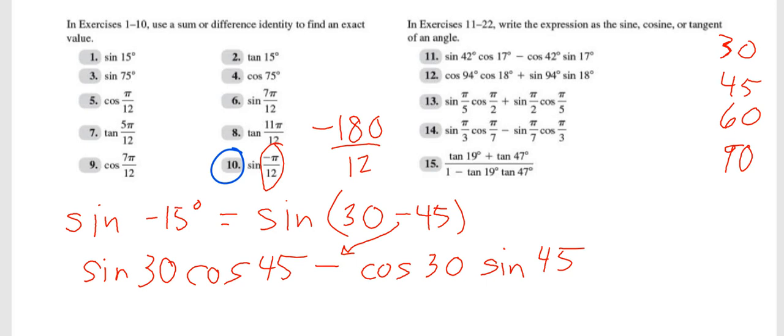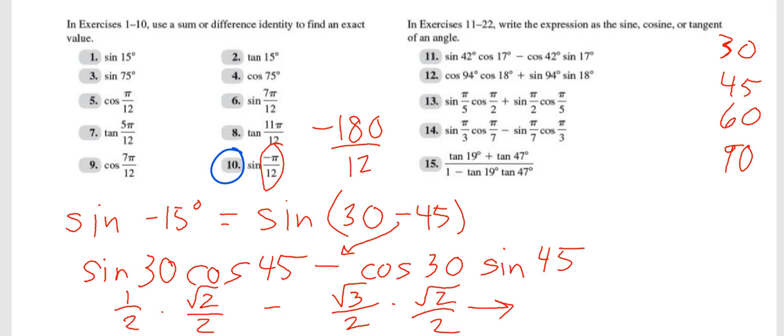Okay, so what's the sine of 30? 1/2. Cosine of 45? Radical 2 over 2. Minus cosine of 30? Radical 3 over 2. Sine 45?